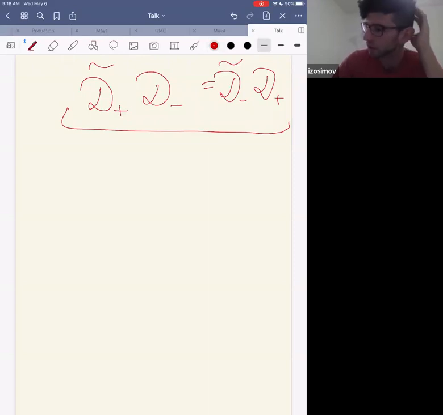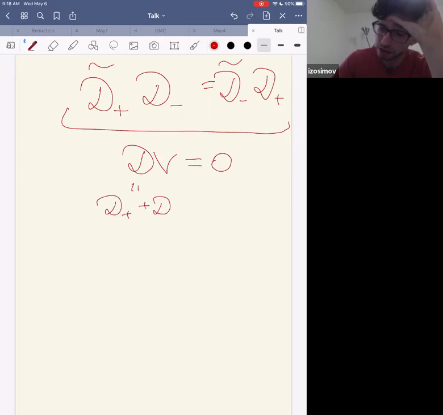So recall that the relation between operators and polygons is through the equation Dv is 0, where D is D plus plus D minus. Well, v is of course a sequence of vectors. Then we project it down to the projective space. We get a sequence of points. That's our polygon.